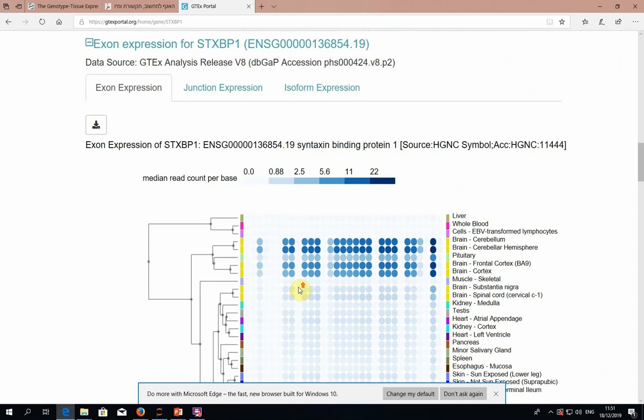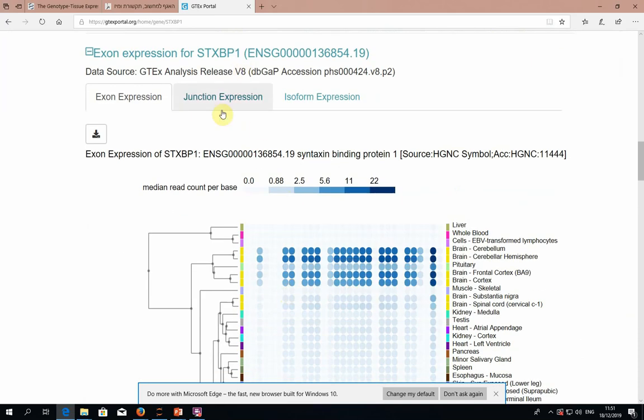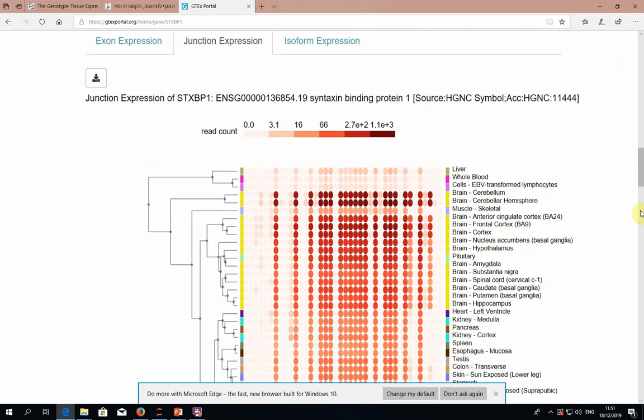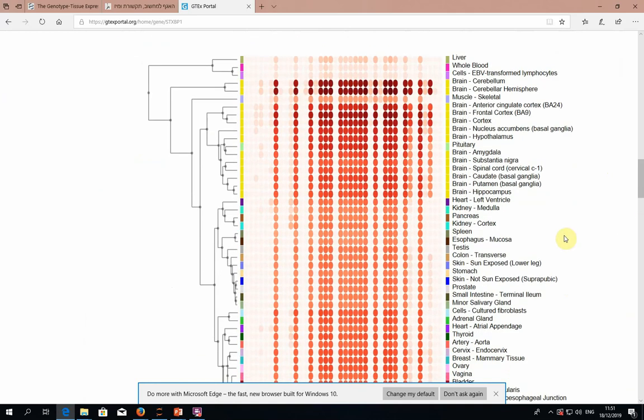I want to show you something else here. You can look at the junction expression, which tells you, in the exons, now they just focus on the RNA that is connecting two exons, which is beautiful. So now they only look at alternative splicing events.